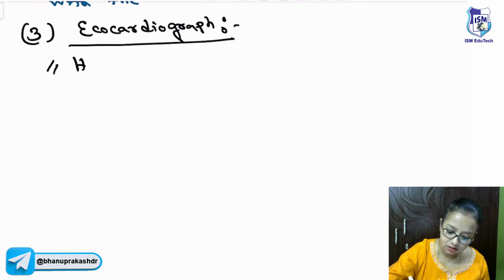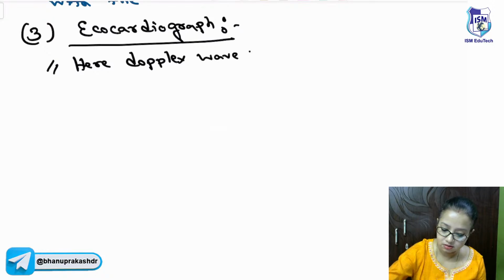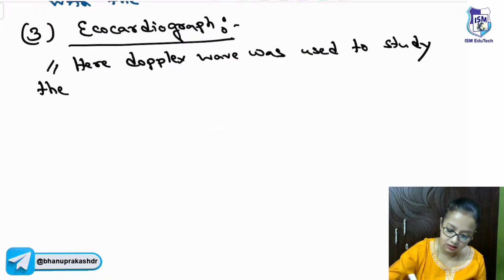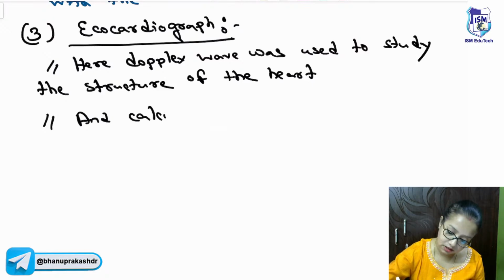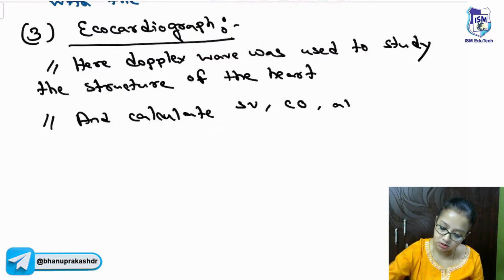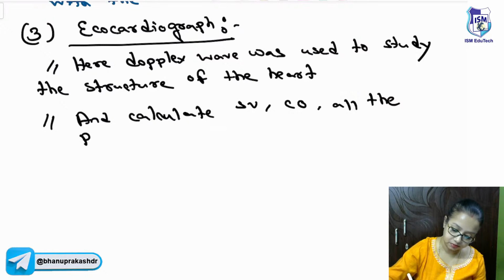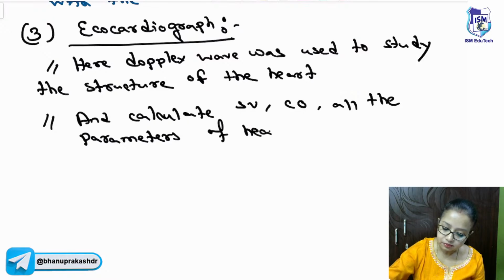Here, Doppler wave, Doppler sound wave was used to study the structures of the heart and calculate stroke volume, cardiac output, all the parameters of heart.